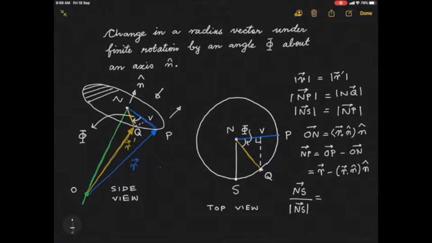So if I take the cross product of these two, then I will get NS, which is perpendicular to both r and n. So this direction is along r cross n. So I can write this as this way.